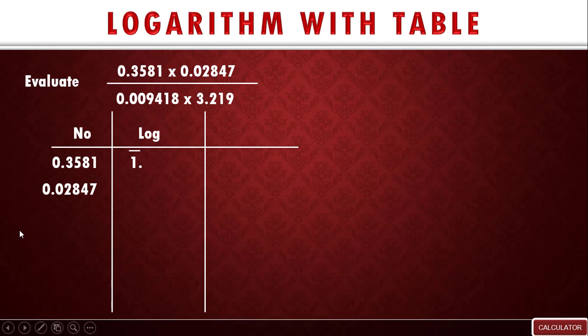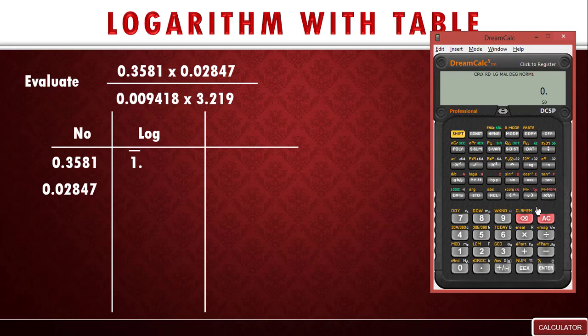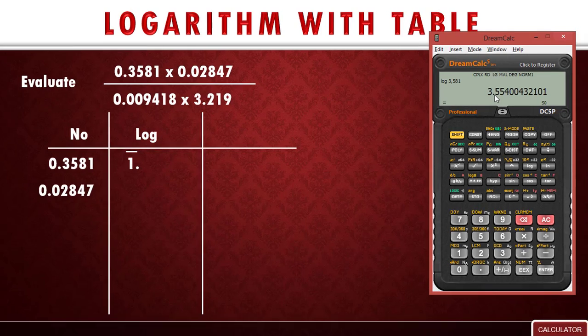The next thing to do is to look for the log of 3581. If you're using your 4-figure table, just go into your logarithm table and check 35 under 8 difference 1. But if you're using your calculator like me, we're only making use of a workaround here. Press log 3581 and press equals or enter. The only numbers we need here are the 4 digits that appear after the decimal, and that is called the mantissa.